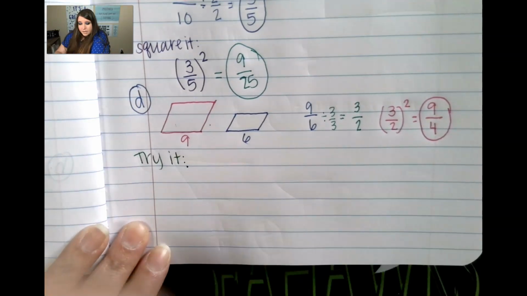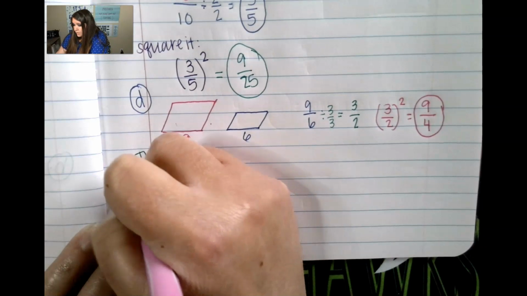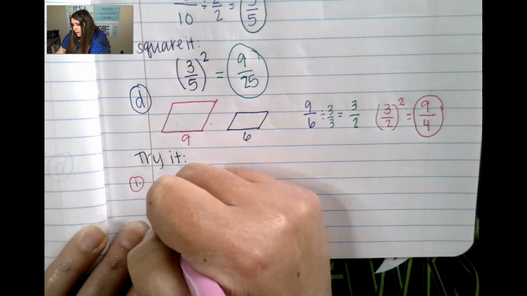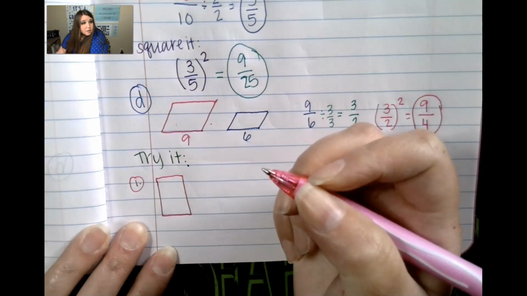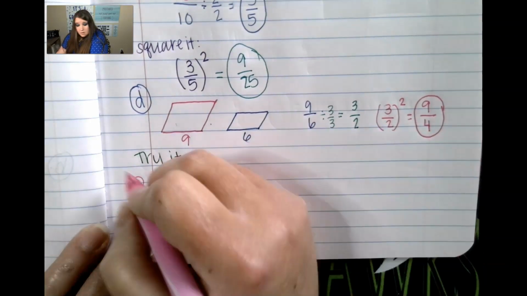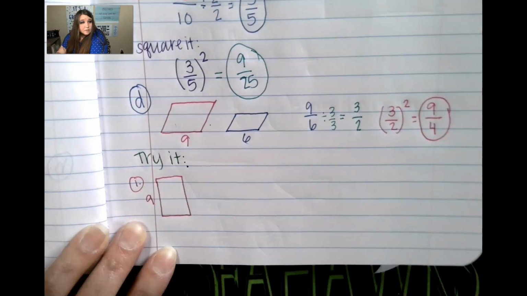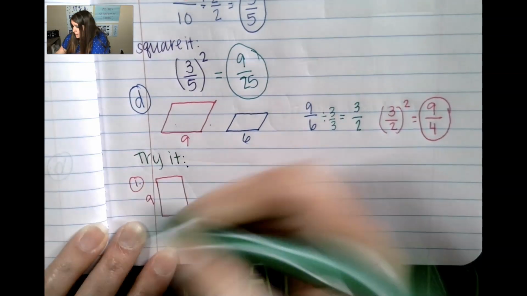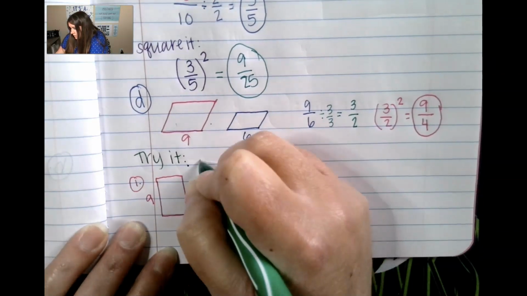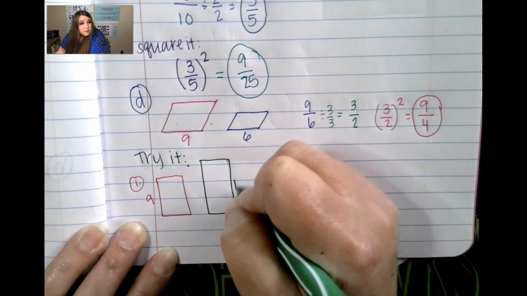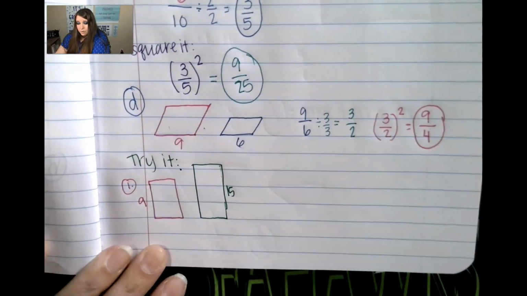Try-it number 1: you have a rectangle, and the height of the rectangle in figure A is 9 feet. Then you have another one, and the height of this one, which is similar to it, is 15. Find the value of the perimeter.